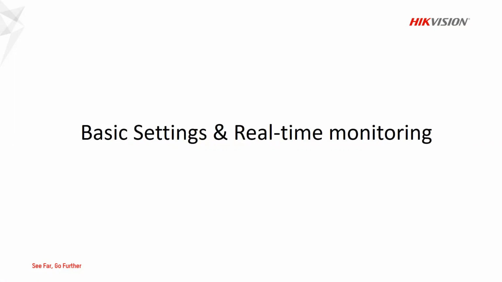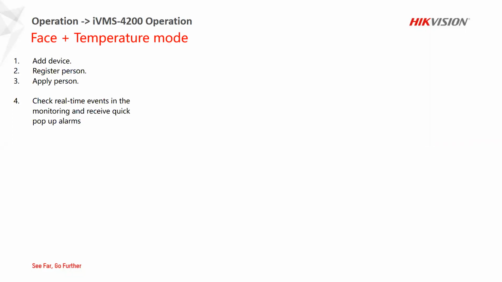Okay, so first up, basic settings and real-time monitoring on the iVMS-4200. So the first mode, the face and temperature mode for authorized access. Of course, the first step, you need to add the device on the software, and then because it's authorized access, you need to set up the database.